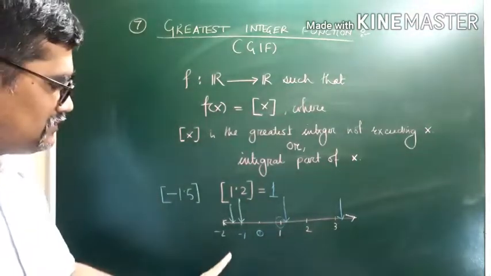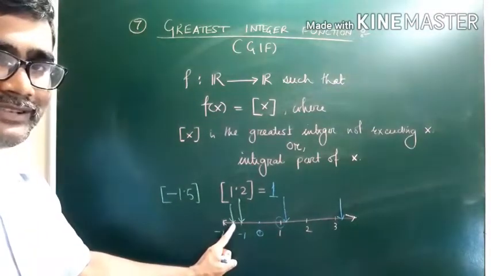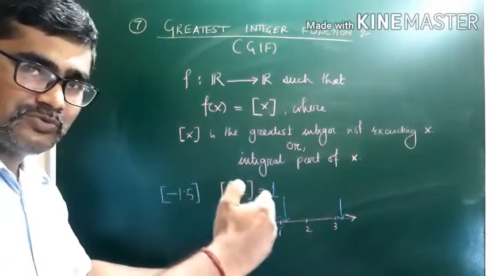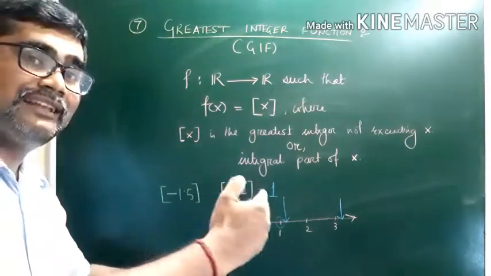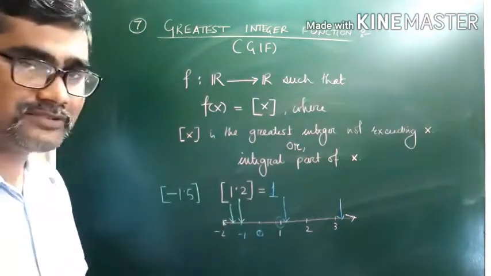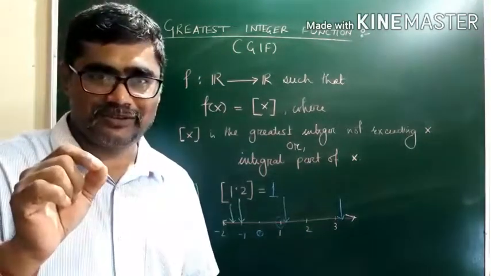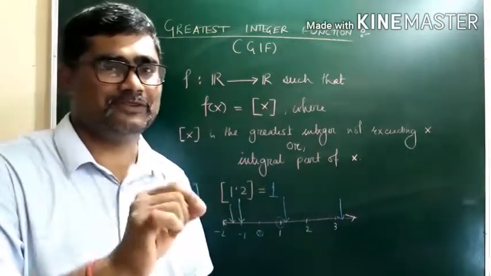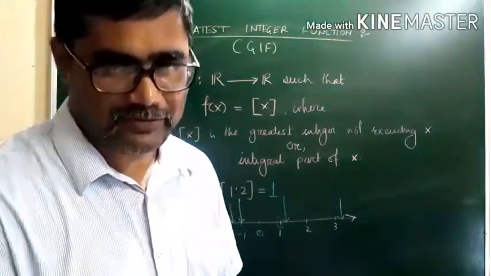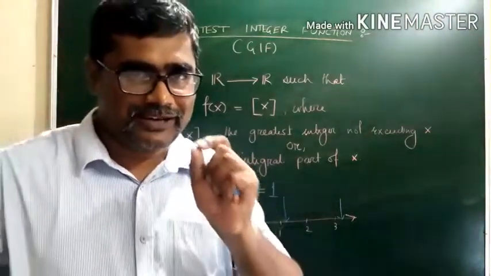Look at the number line. The point minus 1.5 is here. So immediately to the left the integer is minus 2. So minus 1.5 or minus 1.8 will give you minus 2 as the value. Am I clear to you?